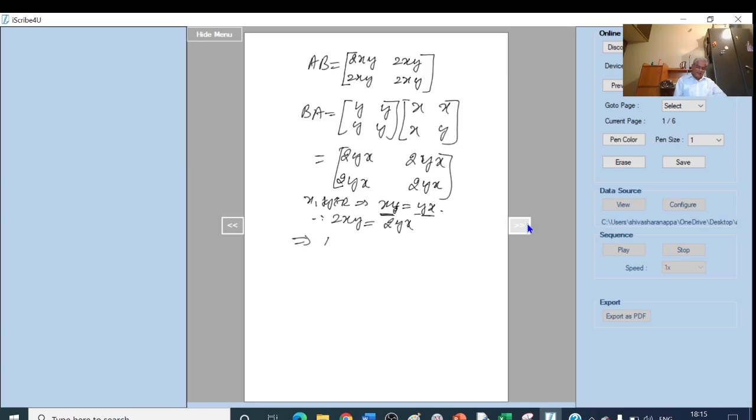This implies AB is the same as BA. So in this particular example, the commutative law is also satisfied. Therefore we say that G is an abelian group. Next I will go to the next example.